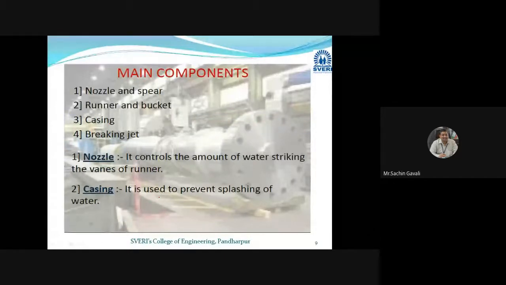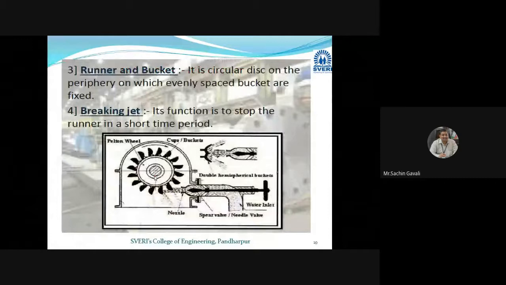Atmospheric pressure is there at inlet as well as outlet, though the casing prevents splashing. The runner and bucket is a circular disc on whose periphery evenly spaced buckets are fixed. And the braking jet's function is to stop the runner in a short period of time.